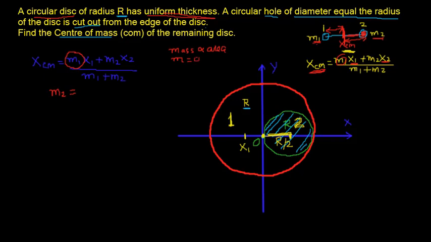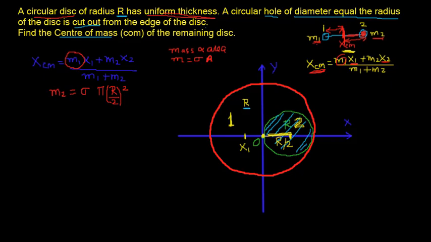In technical physics we put that constant as sigma times area, A. This is area. Now m2 is our constant sigma times pi r by 2 square, right?